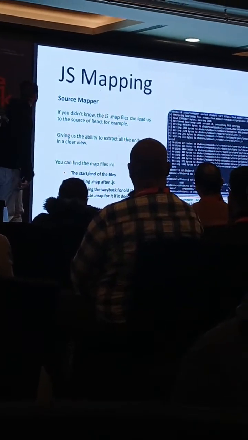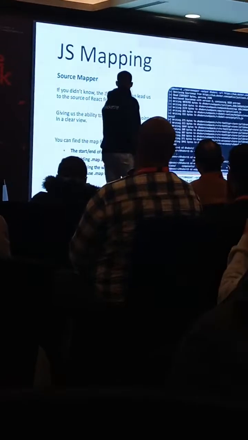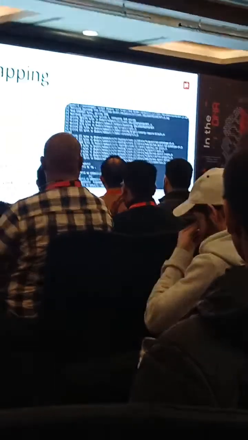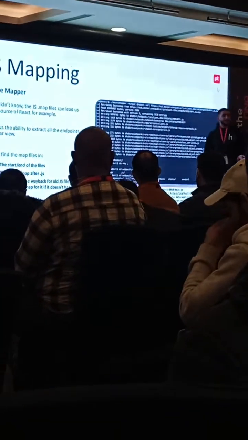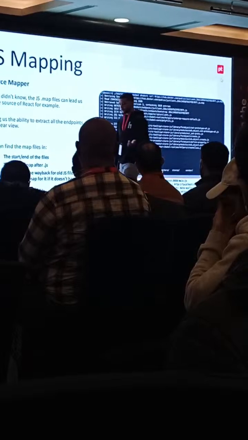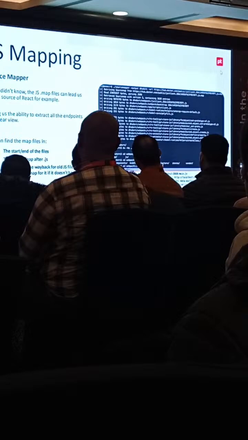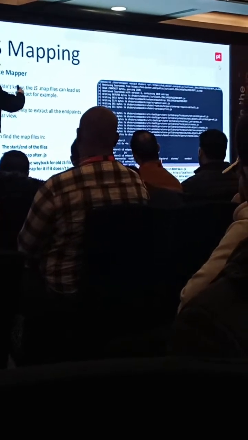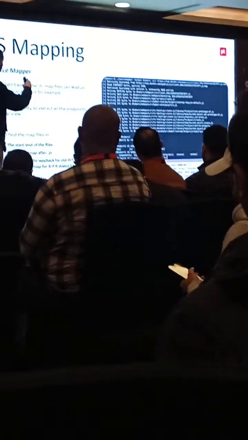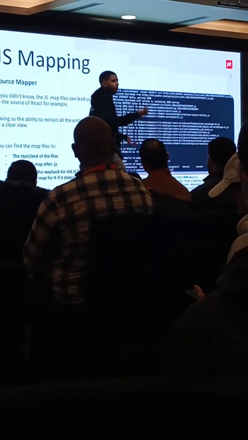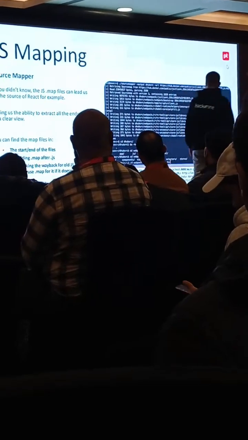And here we have a source mapper. If you didn't know, every JavaScript file has a map file. It's, let's say, an instruction for this JavaScript file, how it's organized and how it's working. The secret here is that you can open the .map file of the JS. Let's say the JavaScript file is called faris.js. You can open faris.js.map, okay? That's going to directly download the .map file of the JavaScript.